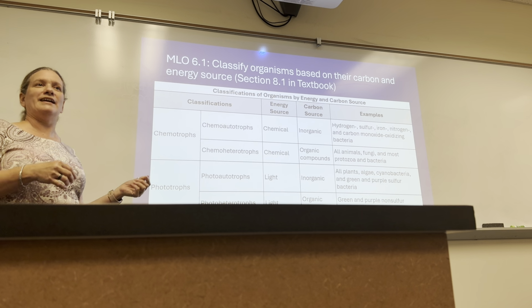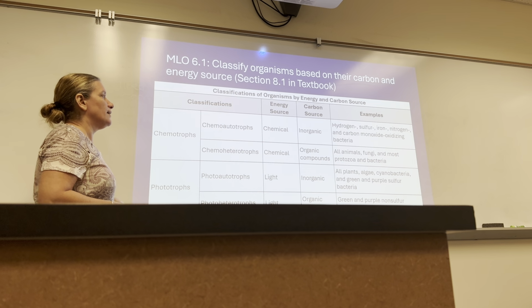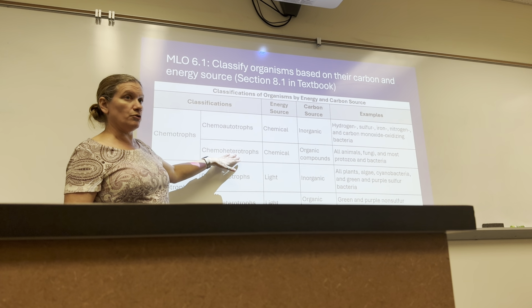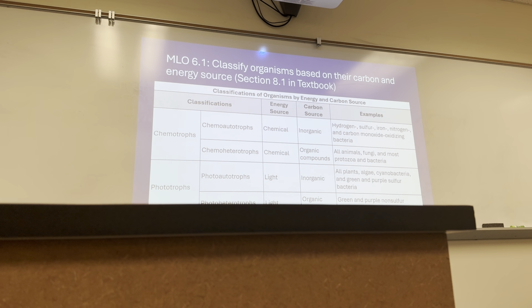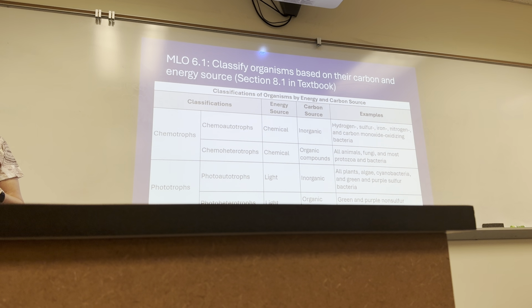Any other organism that can't do that is referred to as a heterotroph, the consumers. They have to get their organic material, their organic carbon, from an organic source, which means another organism.